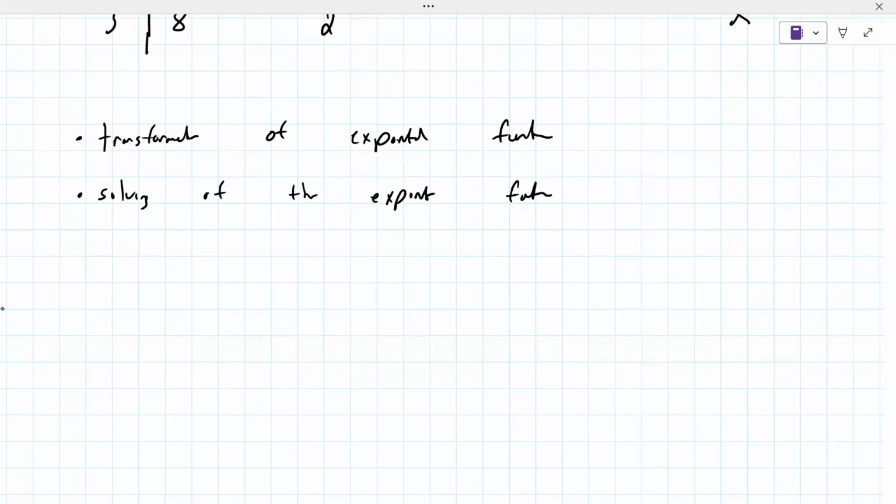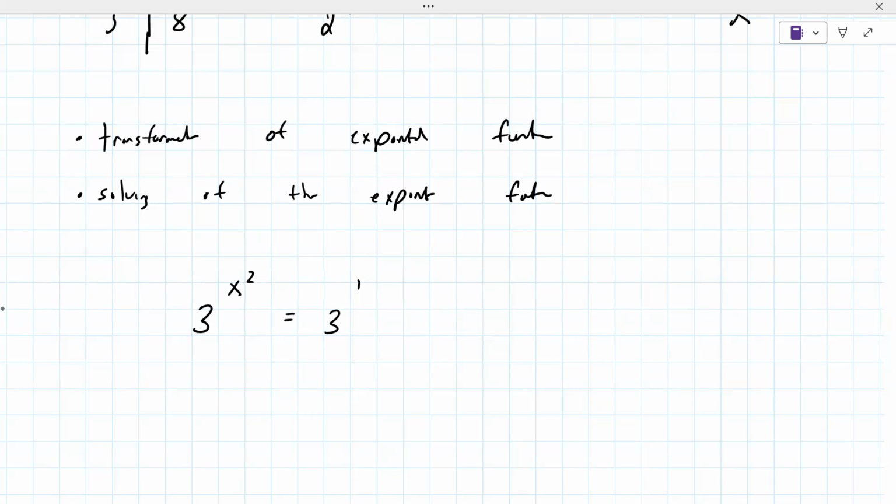And so I'll give you an example of that now. So let's say you had 3 to the x squared equals 3 to the 1. You will be asked at some point to try and solve this type of equation.